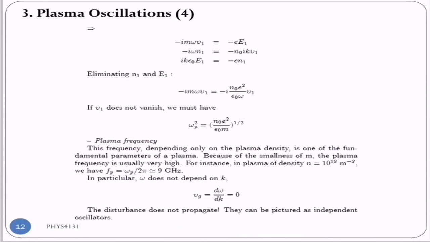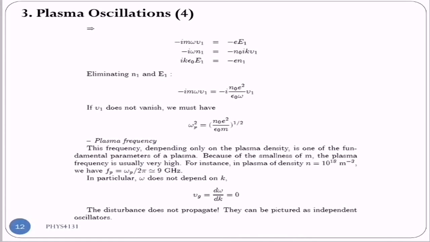Then we will simplify them by eliminating n_1 and E_1, which gives us plasma frequency omega p square is equal to n_0 e square over epsilon naught m, or omega p is equal to that to the power 1 over 2.